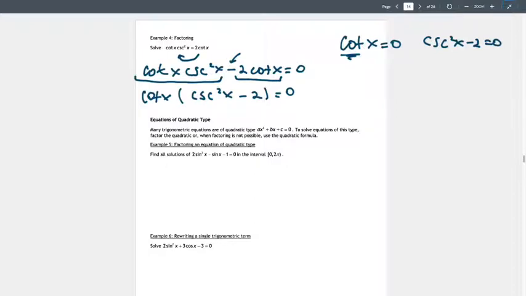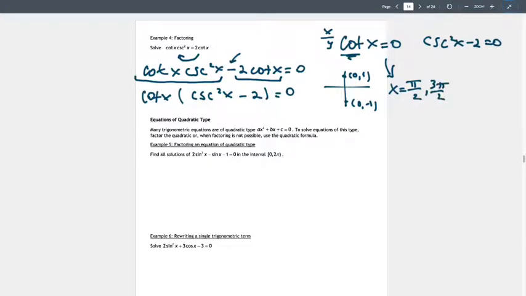Well, remember, cotangent is x over y on our unit circle. So you're looking for where the x value is 0, which is right here at 0, 1, and down here at 0, negative 1, which is at pi over 2 and 3 pi over 2. So for this one, my solutions are pi over 2 and 3 pi over 2.